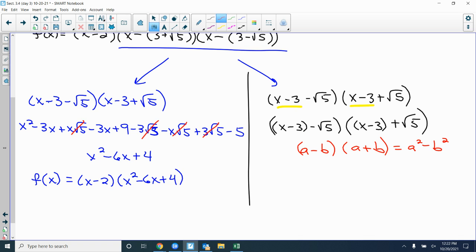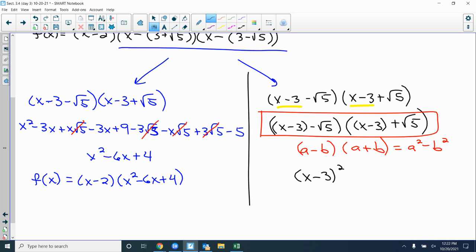So apply that to this case here. What's that going to look like? Well, my A is just x minus 3, so A squared is going to be what? X minus 3 squared minus square root of 5 times square root of 5, which is what? 5. Now you still got a FOIL there.